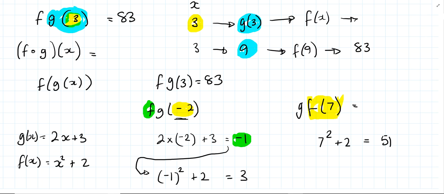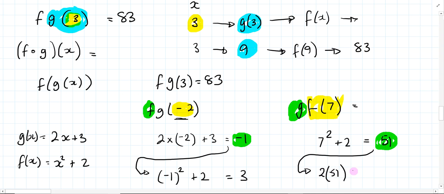I take that solution and put it into g of x, which is 2 times 51 plus 3, that's 102, then 105, as you said. Okay, that's your final answer.